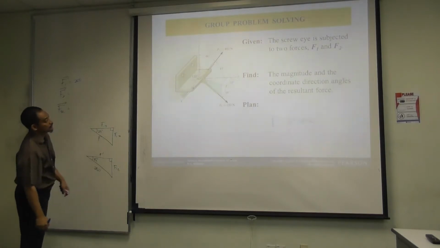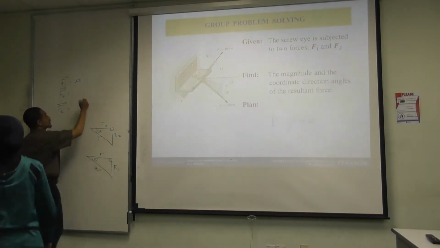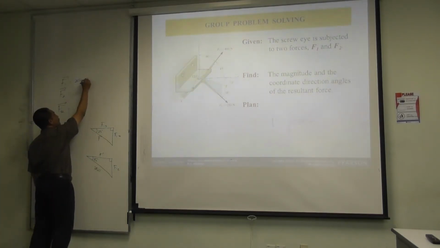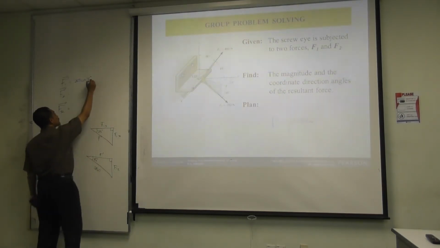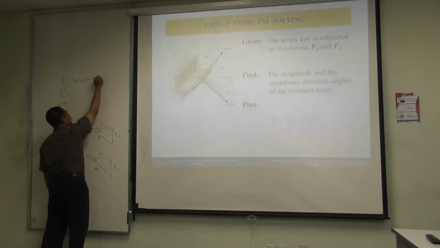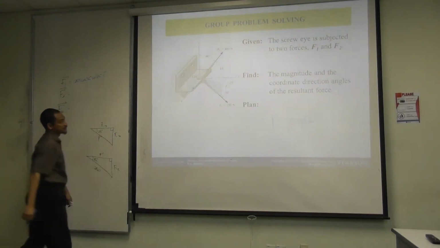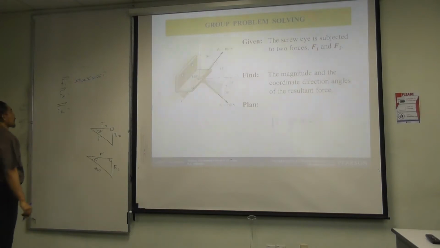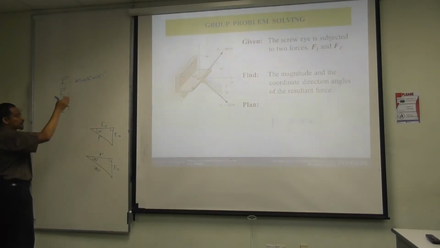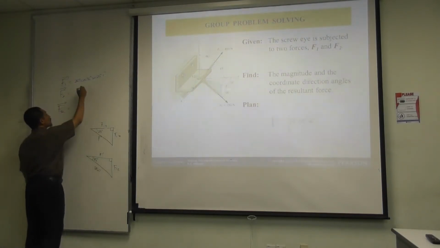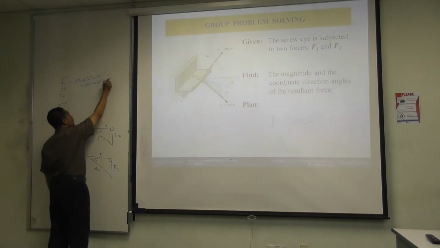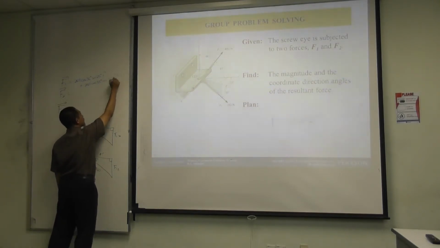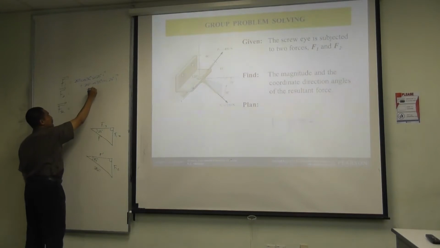250 cos 35 and sin 35, right? Correct. Positive, and then plus 250 cos 35 cos 35, minus 250 sin.